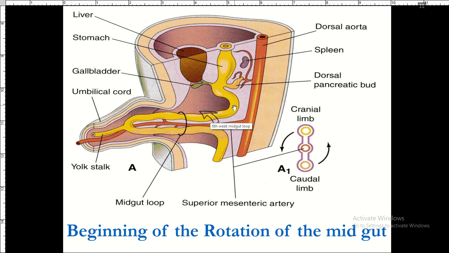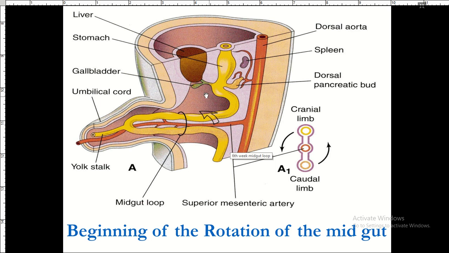When it proliferates, it does so about the axis of the superior mesenteric artery. This is your superior mesenteric artery. So it forms a cranial limb, this one, and a caudal limb, this one.